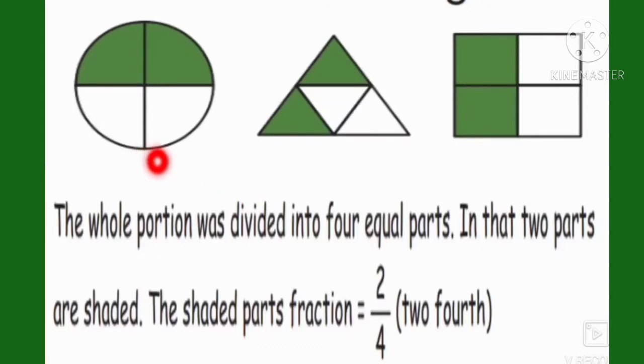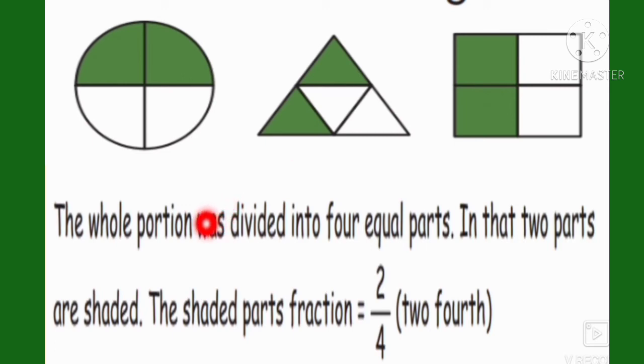Then see here, the whole portion was divided into 4 equal parts: in the circle 1, 2, 3, 4, in the triangle 1, 2, 3, 4, and in the square 1, 2, 3, 4. So the whole portion was divided into 4 equal parts.